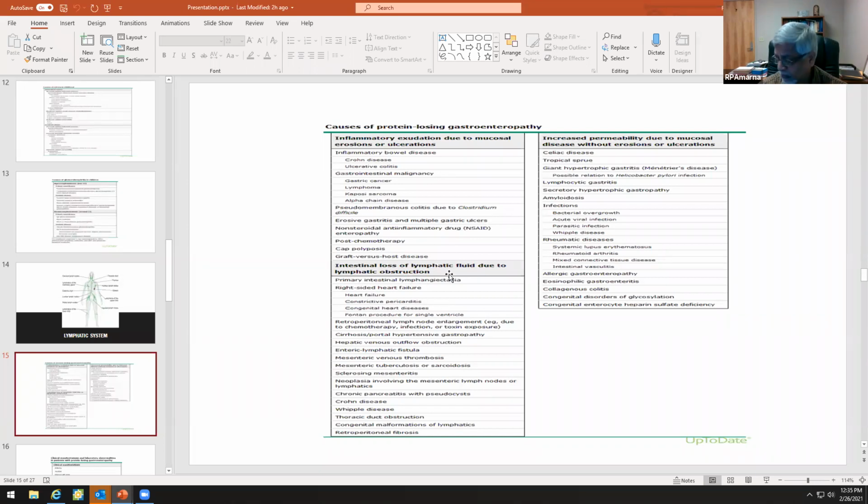Now, lymphatic obstruction. That usually can be primary intestinal lymphangiectasia, which is a bit unusual, rare, but it's a lifelong problem in those patients. Heart failure can cause it by increased congestion and obstruction to the drainage of the thoracic duct.